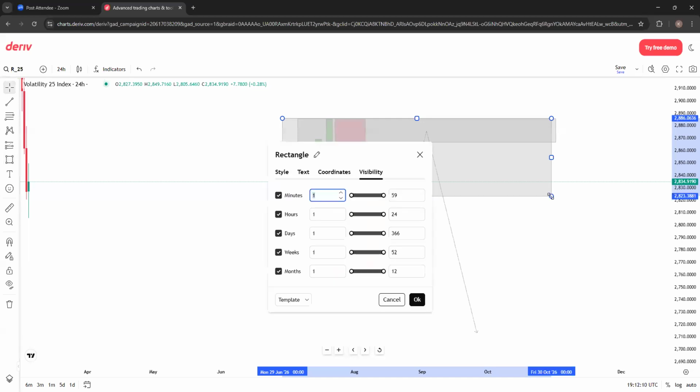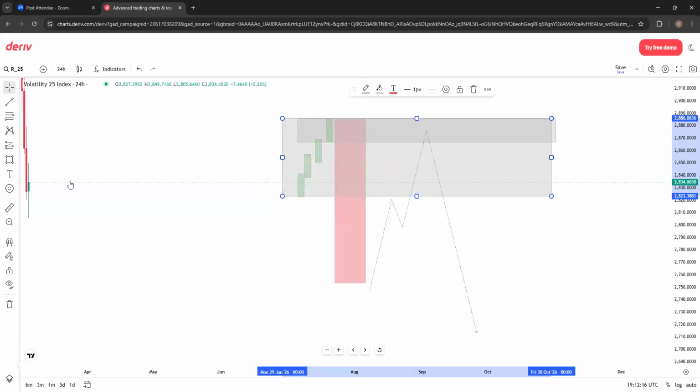So instead of you entering your trade at this area over here, you are going to have a more refined entry and hit it right on spot. Right. Now, you've gotten into your trade.